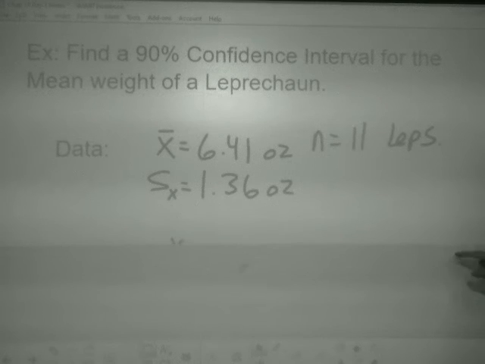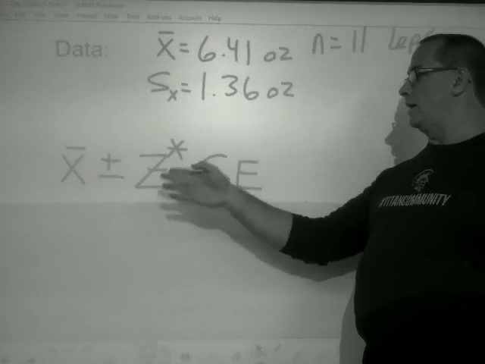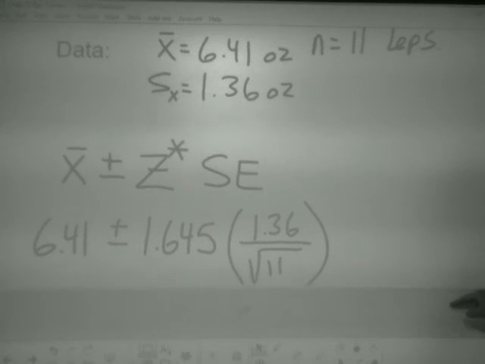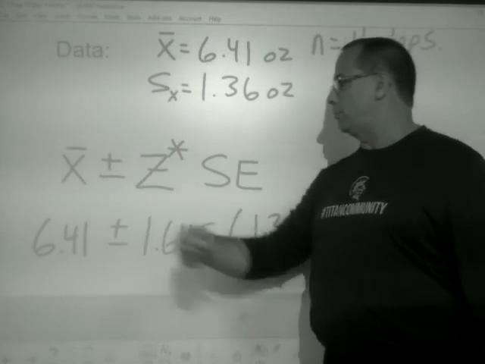Let's write our formula. Again, our formula is X bar plus or minus Z star times standard error. Our X bar is 6.41, I fill in that blank.